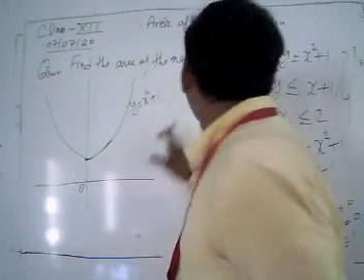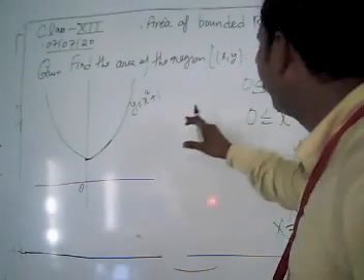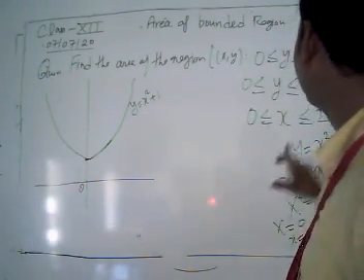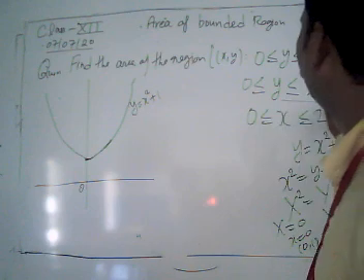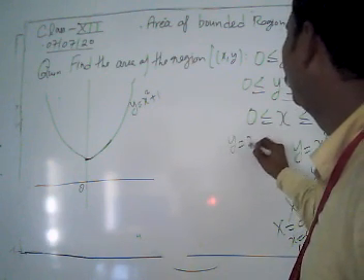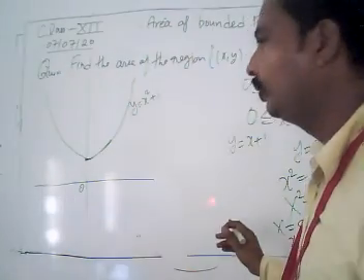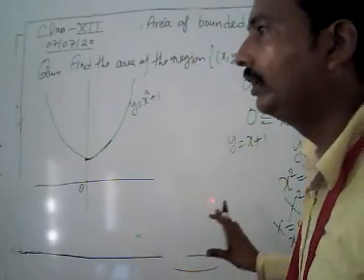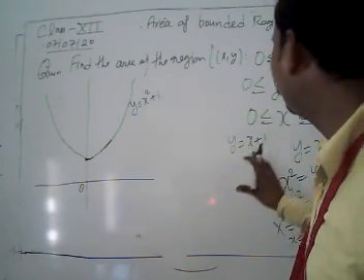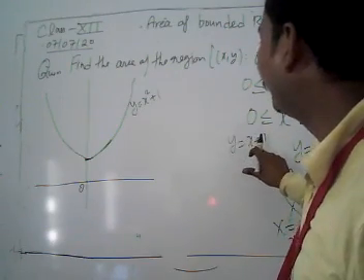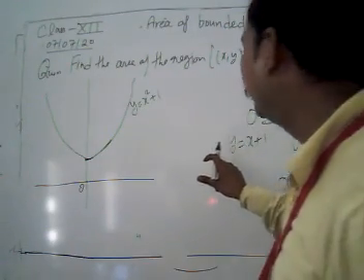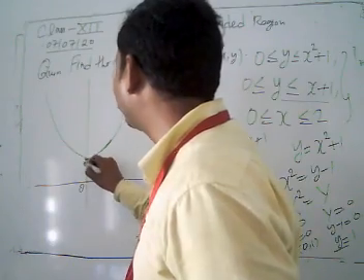Now we draw the line y equals x plus 1. When x is 0, then y is 1, so our line passes through here.